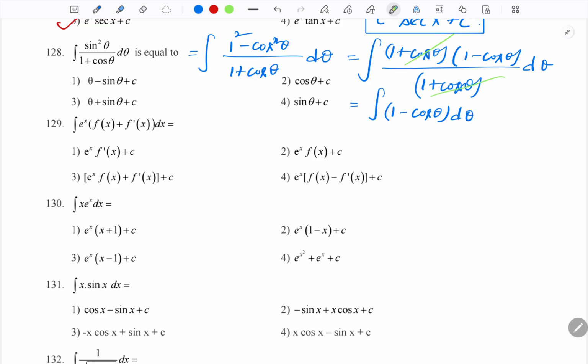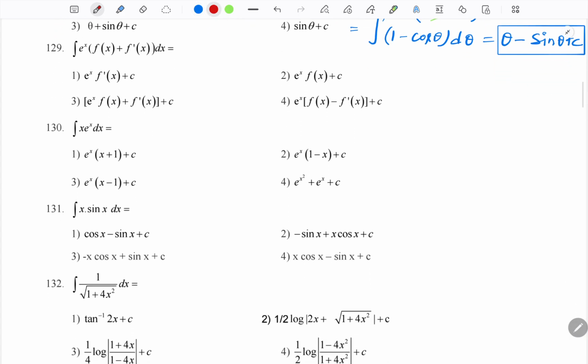We know the integral of d theta is theta, and the integral of cos theta is sin theta, so it equals theta minus sin theta plus c. Which one is the correct option? Check the options and tell me. So it is option number 1.